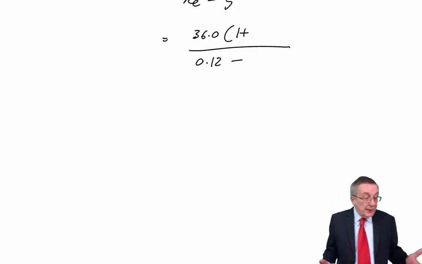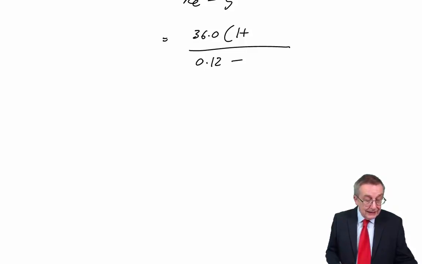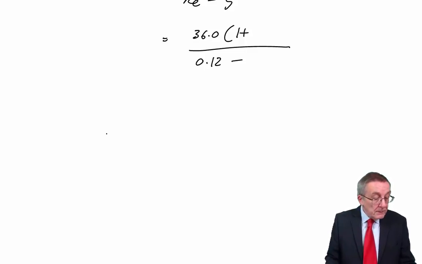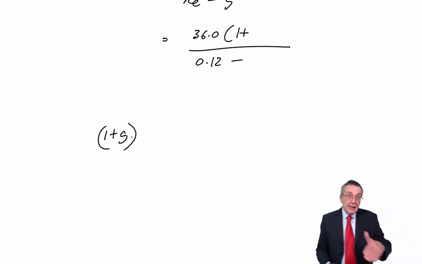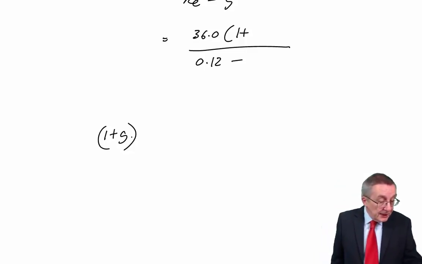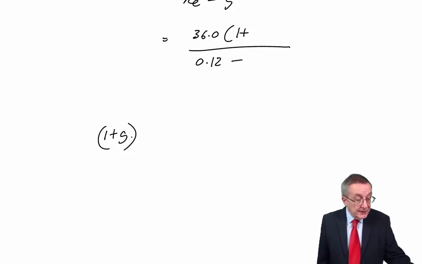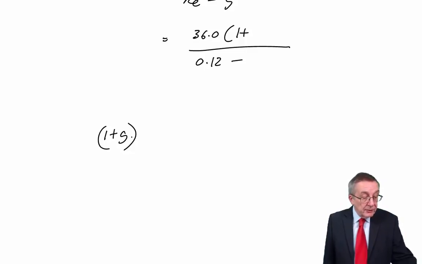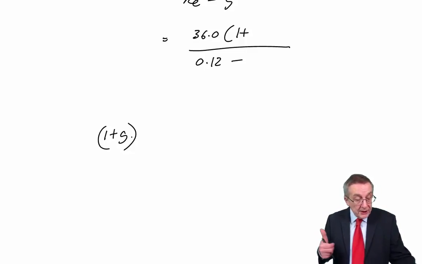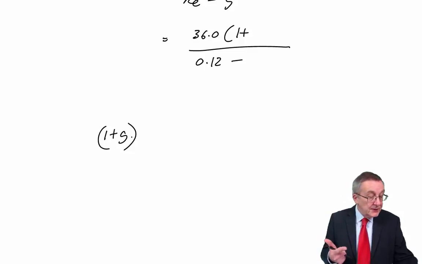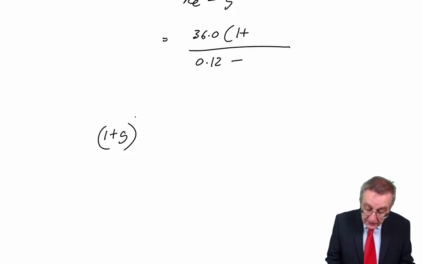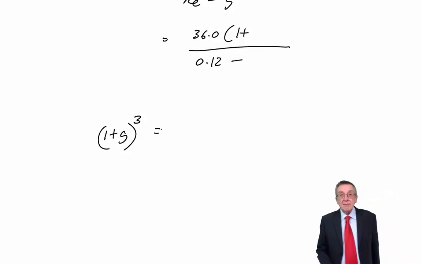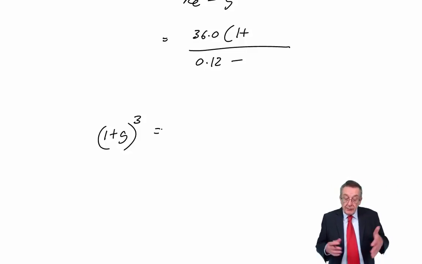So to complete it, obviously, we need to know what the growth rate is. Very standard, to work out the average growth rate when we are given the past dividends, as we are here, we say that 1 plus the growth rate to the power of however many years' growth there have been. So how many years' growth have we got here? Although there are 4 dividends, the growth from 2010 to 2011 is 1 year, 11 to 12 is 2 years, 12 to 13 is 3 years, so there are 3 years' growth. So at an average rate of growth of g, total growth will be 1 plus g cubed.